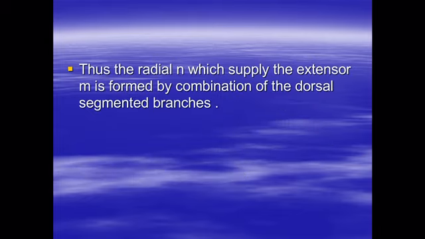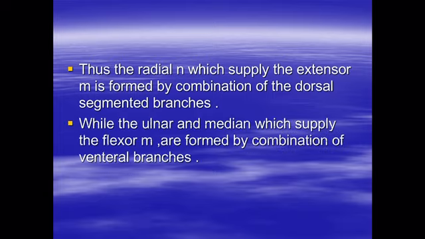Thus, the radial nerve, which supplies the extensor muscle, is formed by a combination of dorsal segmental branches, while the ulnar and median, which supply the flexor muscle, are formed by a combination of ventral branches.